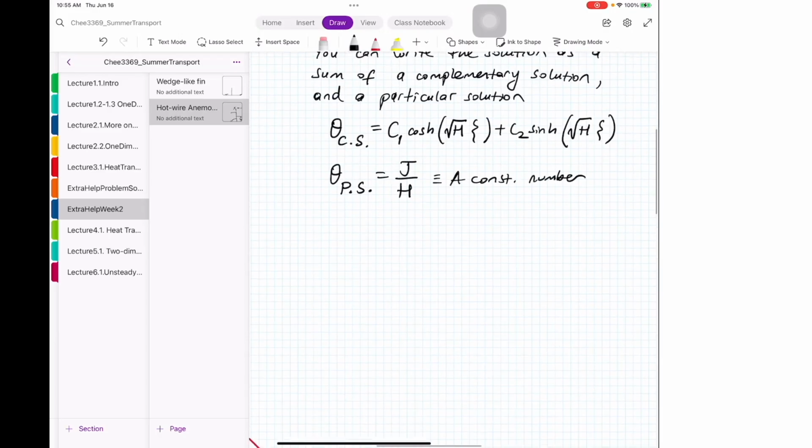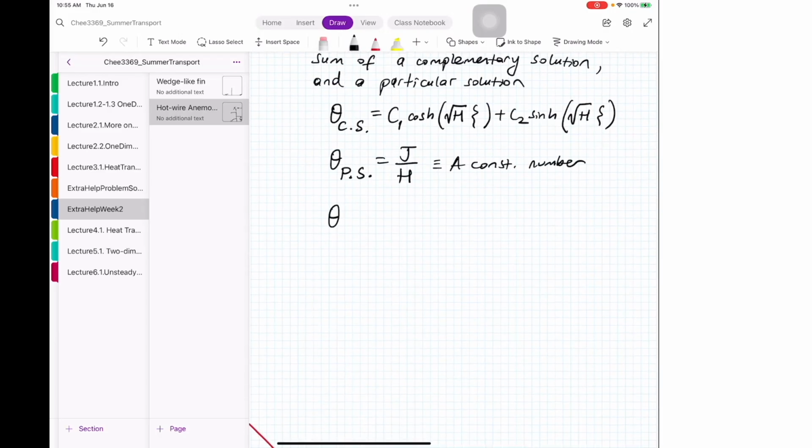Thus, the theta can be written as the sum of the theta cs plus theta ps.